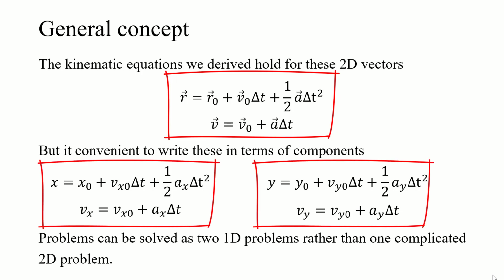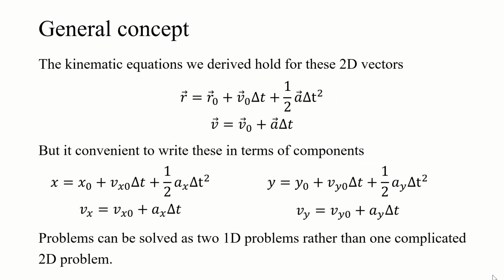So we're going to go through an example in a minute where you'll look at the y direction, and you'll be able to use those equations to solve for some unknown that will then feed into the x component equations and allow you to solve for whatever we need to know. We have these two sets of coupled equations that describe the motion in 2 dimensions.